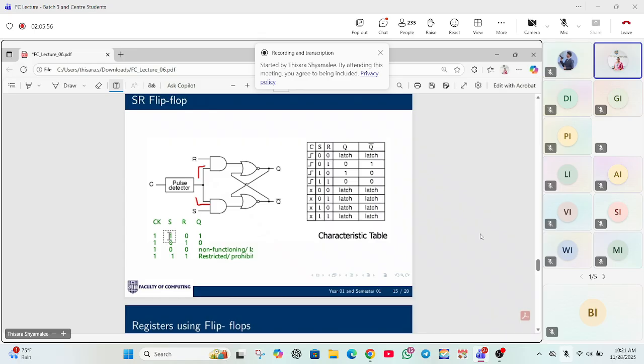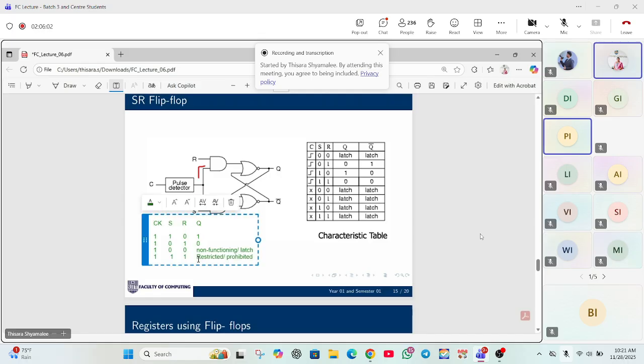I didn't get your question. No, miss, I was asking whether we used to call it keep state when both S and R were 0, and now you're calling it latch. Did the term change for this flip-flop?